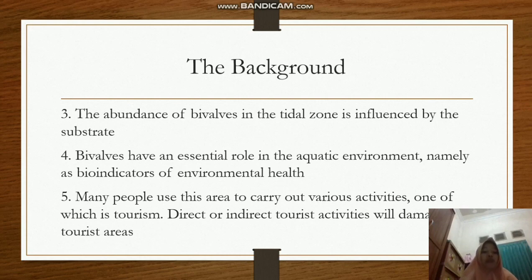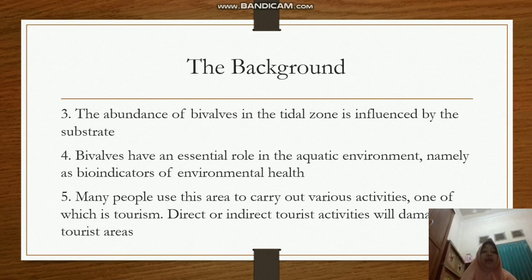Of all types of tidal zones, a rocky substrate composed of hard material is the area with the densest microorganisms. The hard rock surface serves to protect organisms from heat and predators as well as being a good substrate for the growth and development of various types of plants and animals.